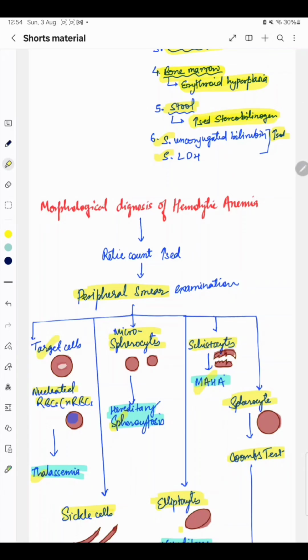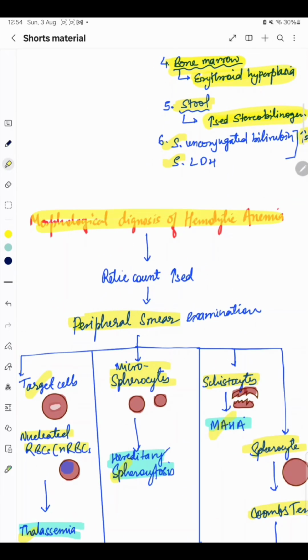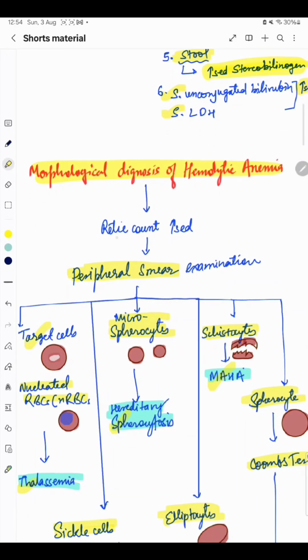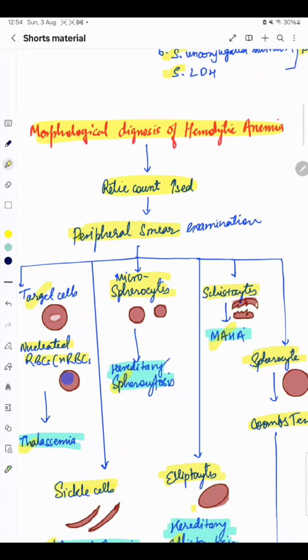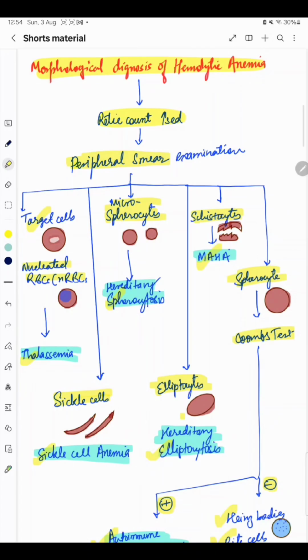Now the morphological diagnosis of hemolytic anemia. Reticulocyte count is increased. Then we ask for the peripheral smear examination. There are so many types of cells we find on the peripheral smear, and they help us to make a diagnosis of a particular type of hemolytic anemia. Like target cells along with the nucleated RBC is indicative of thalassemia.